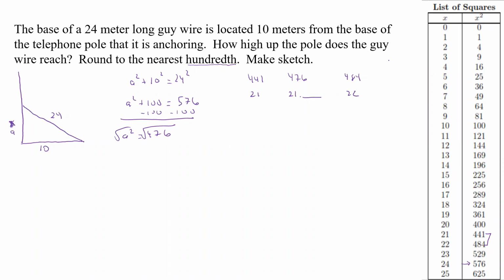So we need to take 476 minus 441, and that's going to be 35, over 484 minus 441, which is 43, so it's going to be 35 over 43, and we need to figure that out.